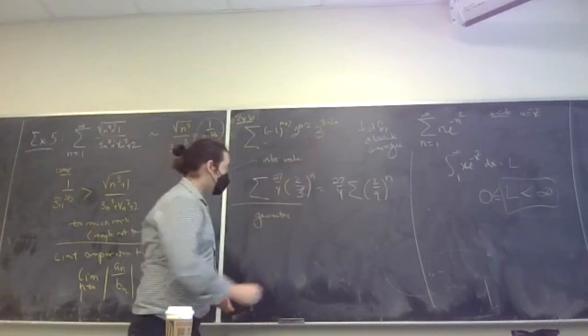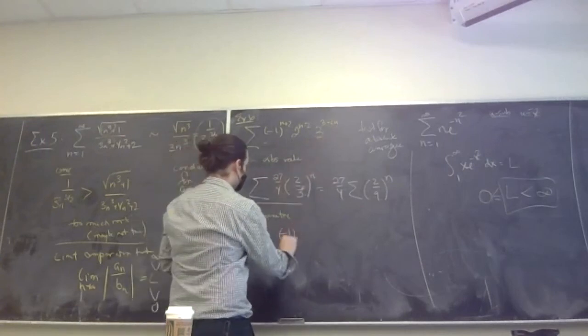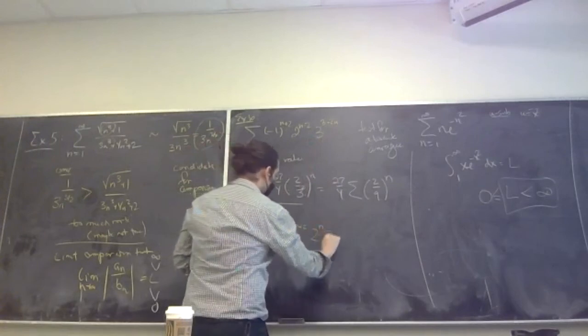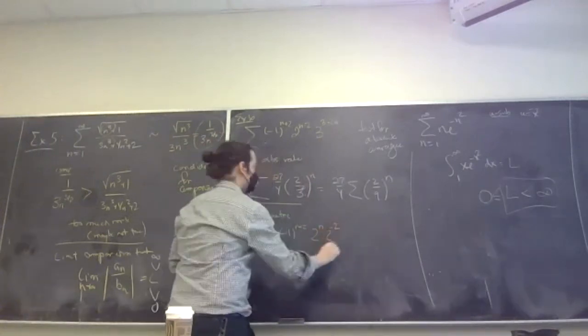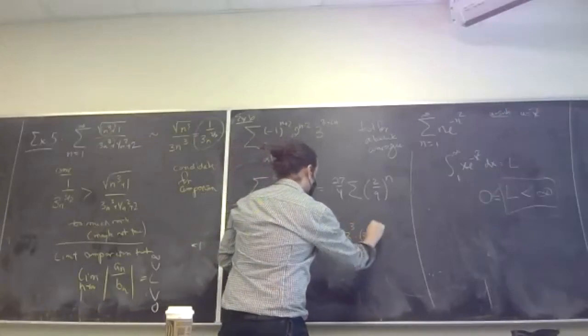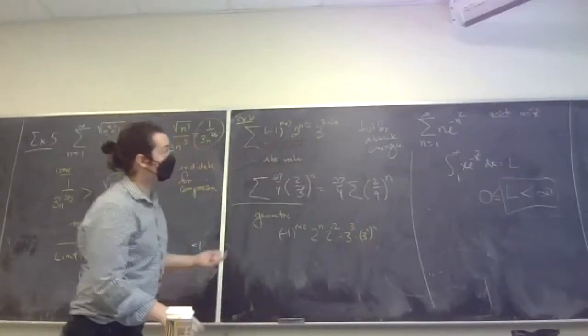If you think about this as being (-1)^(n+2) times 2^n times 2^(-2) times 3^3 times (3 squared)^(-n).